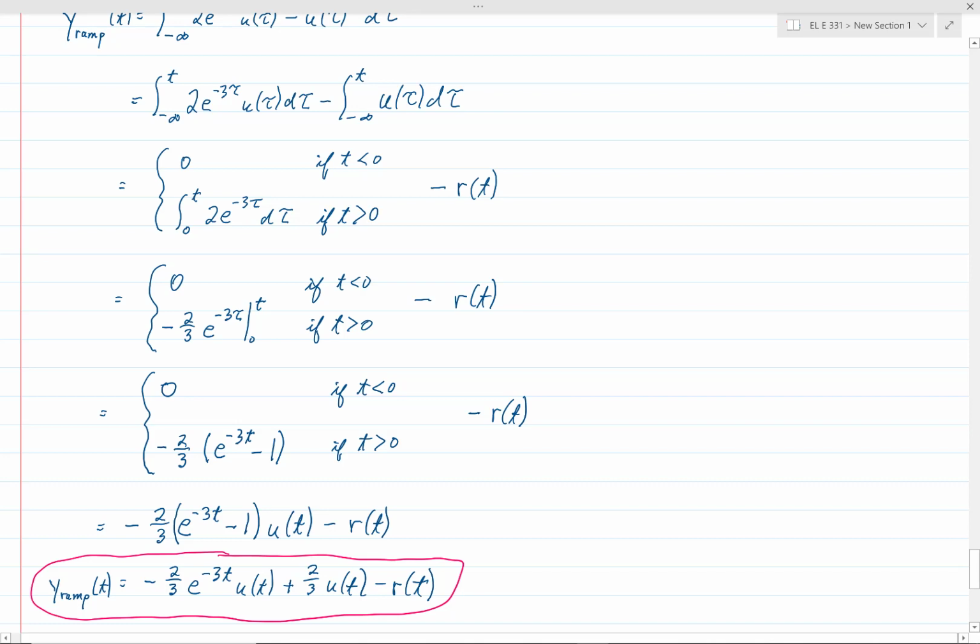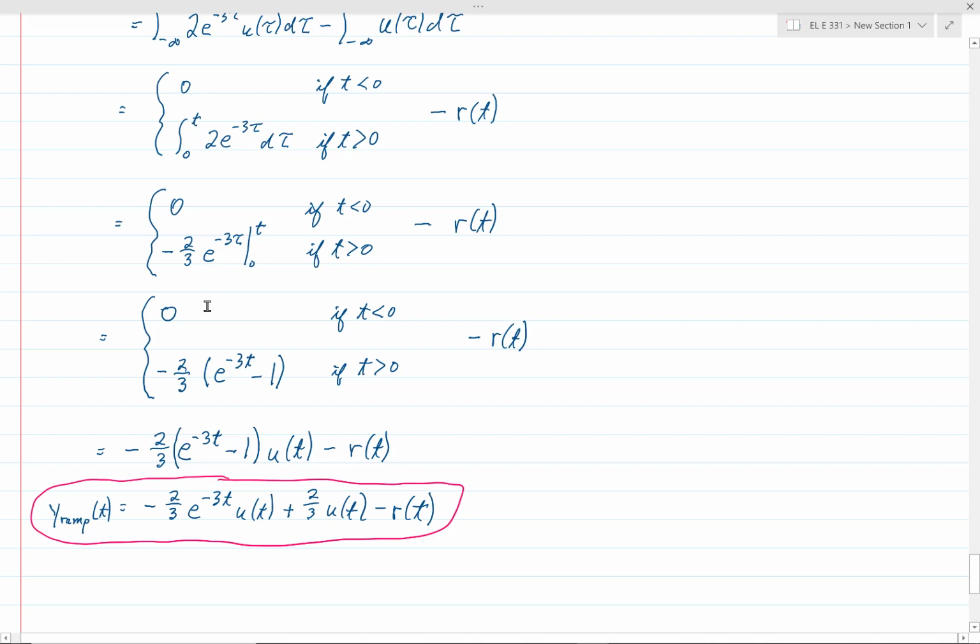And coming on down, when we integrate this and evaluate it, we're going to get minus 2/3 times e to the minus 3t minus 1 if t is greater than 0, 0 if t is less than 0.